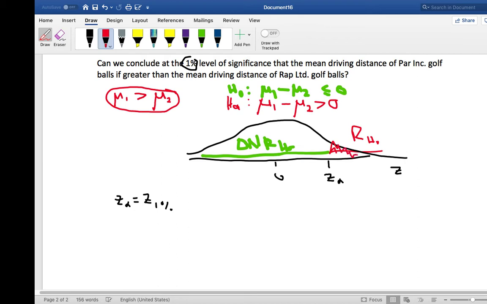All that area in there is 1%, so the area to the left is 99%. So we're going to use norm.s.inv of the area to the left, which is 99%, 0.99. Let's go over to Excel and do that.